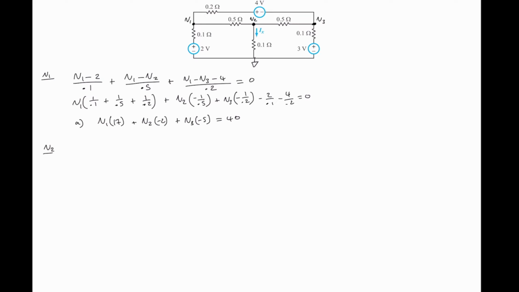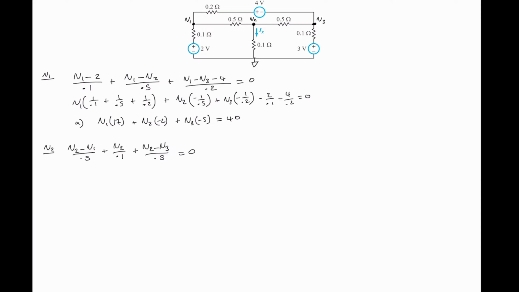Moving on to terminal V2, we take V2 with reference to V1. That's V2 minus V1 all over 0.5, plus V2 all over 0.1, because that's V2 with reference to ground, and ground is 0 volts. So V2 minus 0 is V2, all over 0.1, plus V2 with reference to V3 all over 0.5, and that's equal to 0.